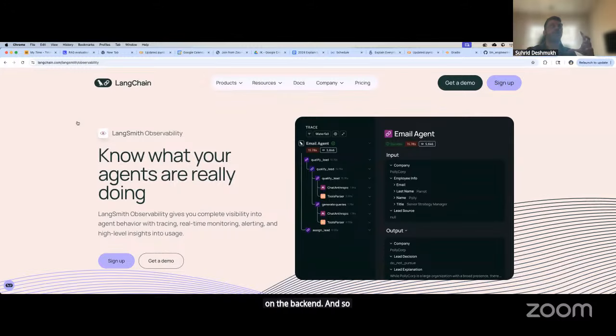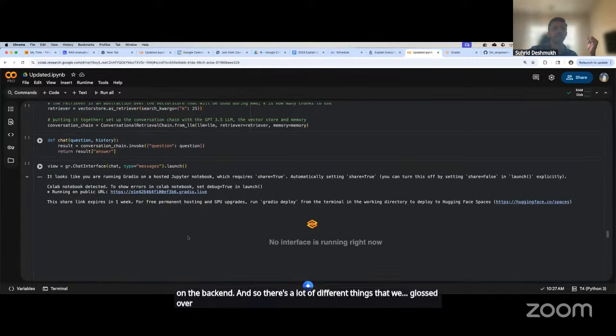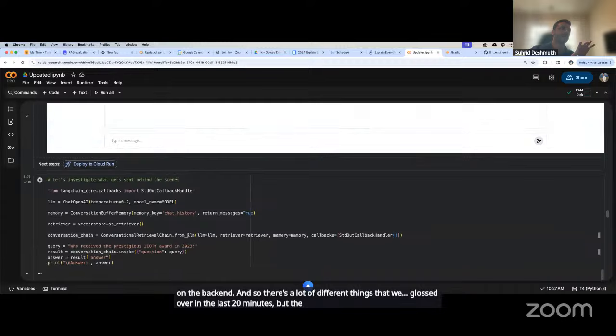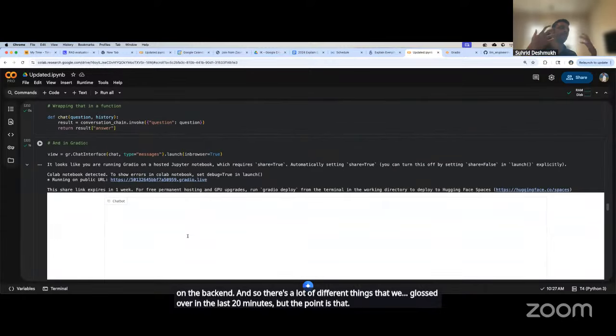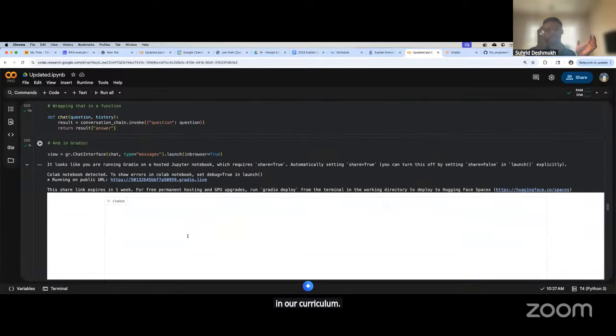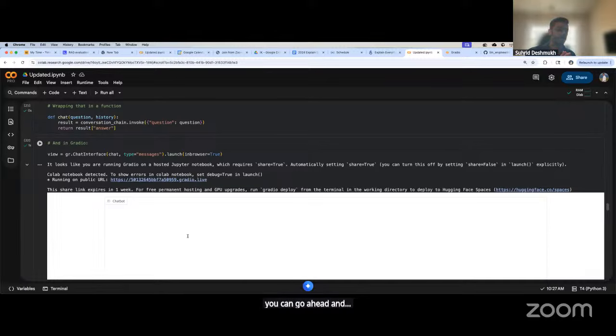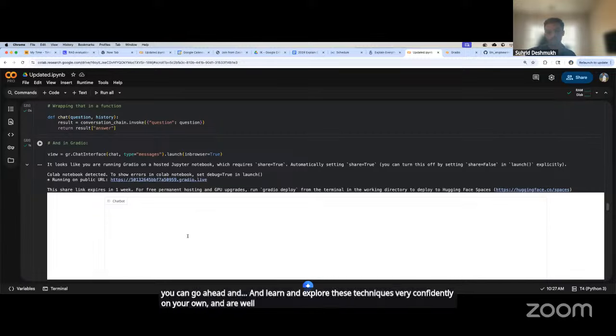And so there are a lot of different things that we glossed over in the last 20 minutes. But the point is that in our curriculum, we typically go through all of these things very systematically and give you enough tools and techniques such that you can go ahead and explore these techniques very confidently on your own and are well prepared with some of the latest and greatest tools which are used in the industry.